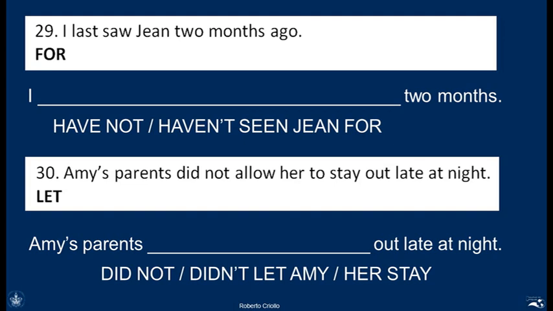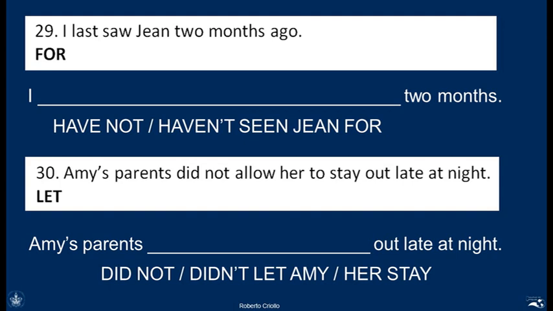If you see, you can repeat the name Amy, or you can replace it with the pronoun her. Both options are correct. And again, I repeat, you can use the contractions or not. The answer will be correct if you have the correct structure. So Amy's parents did not or didn't let her stay out late at night.